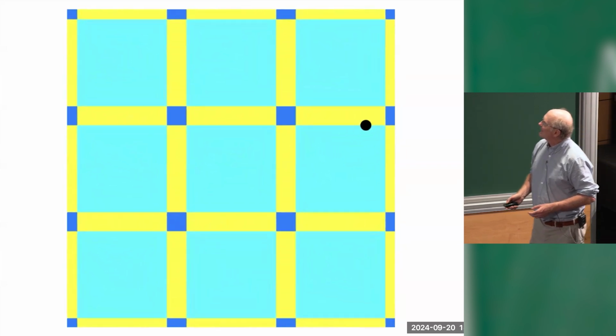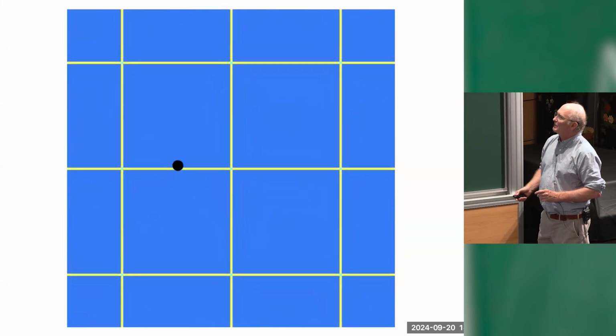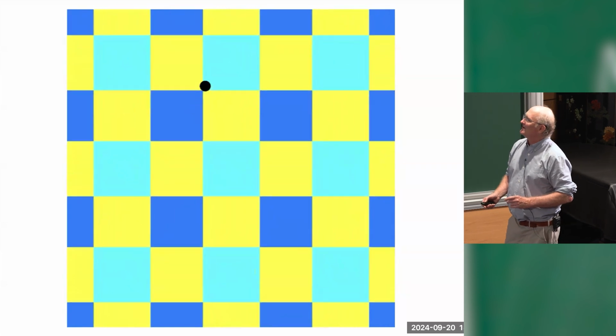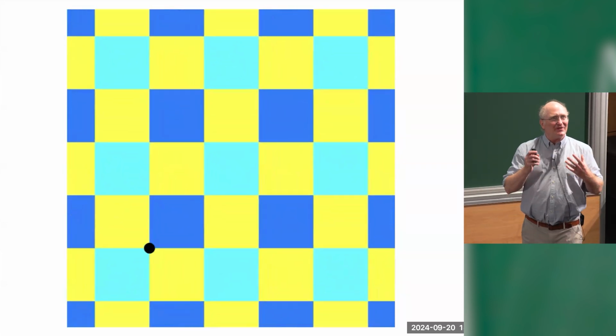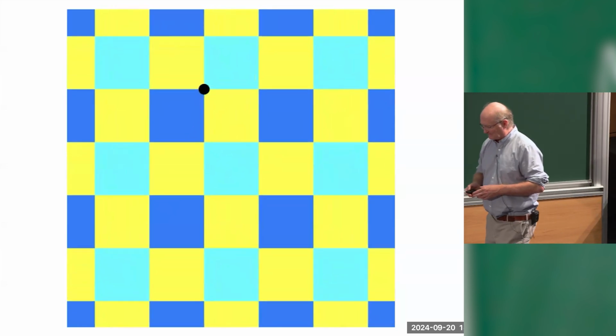And that gives another exceptional torus. But the last one, which is rather tricky to find, is this one, where you jump from blue, just make it across. And then you go into light blue, and you just make it across, and so on. Okay, so this analysis is what underlies the theorem about spectral gaps.